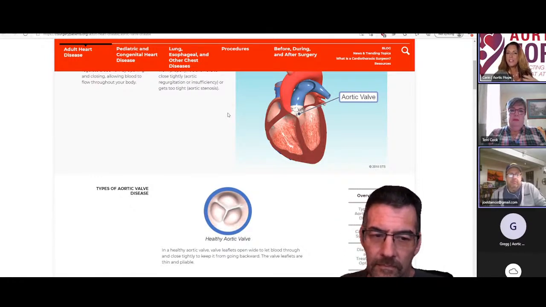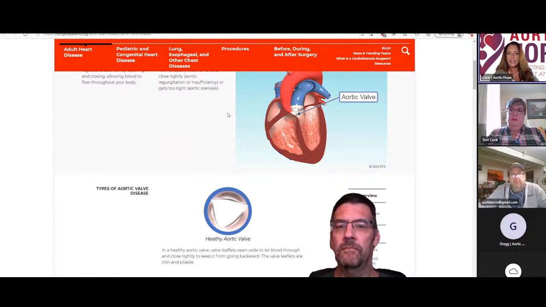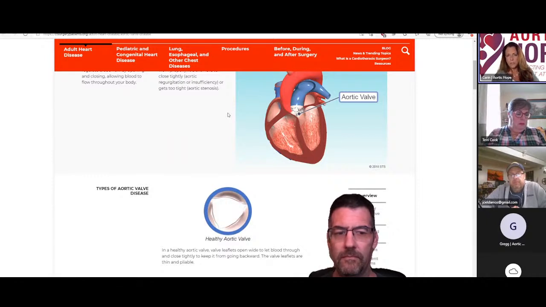So finding in your valves, whether it's tricuspid, pulmonary, mitral, or aortic, a trace amount or mild amount of regurgitation is fairly normal, and you'll find it more often as we age. But those designations can change. You can go in for an echo one month and find out that you are mild to moderate, and with really good blood pressure control, turn around six months later and it could be trace. So your valves can get tighter with less pressure and fewer blood pressure issues. So that's the first thing.